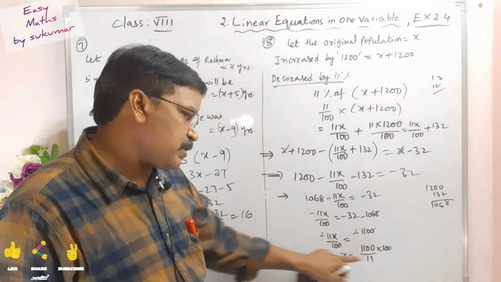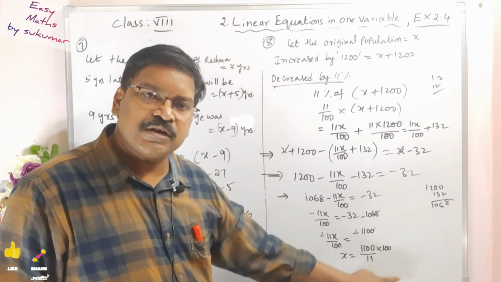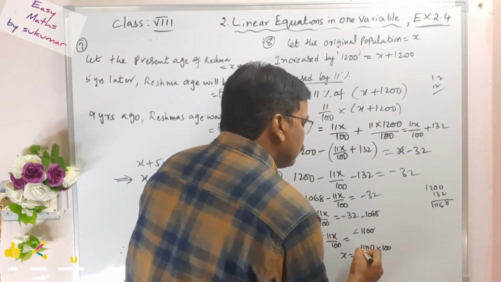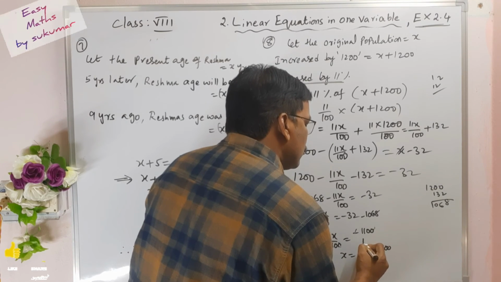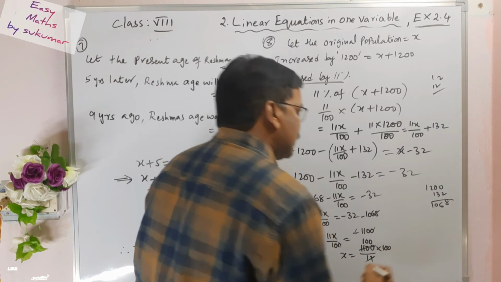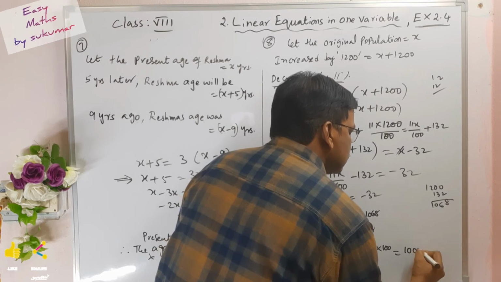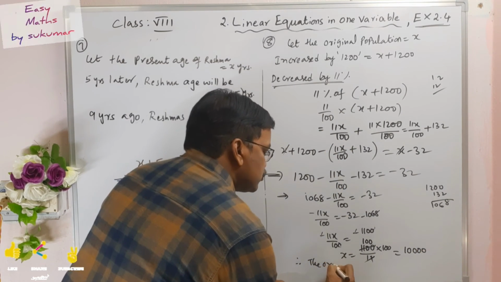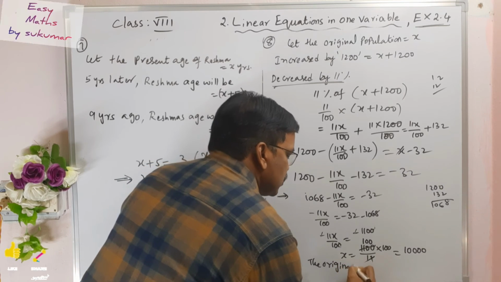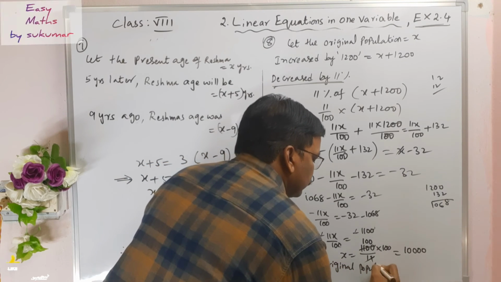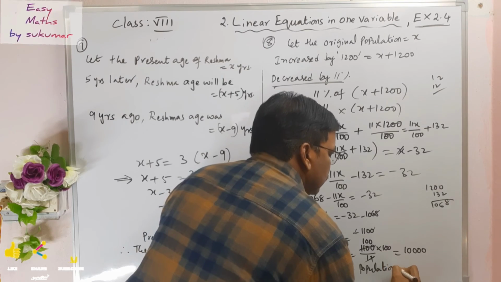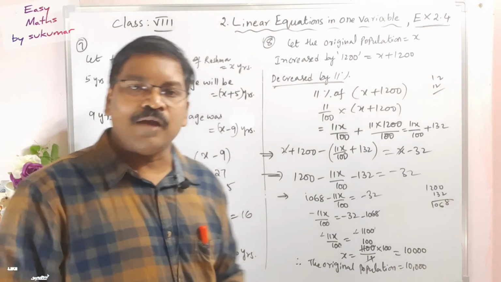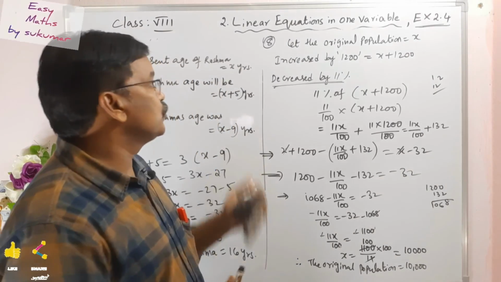This is 11 by 100, so into 100 by 11. Now this 11 in 1100, how many times? 100 times. So 100 into 100 is 10,000. Therefore, the original population is equal to 10,000.